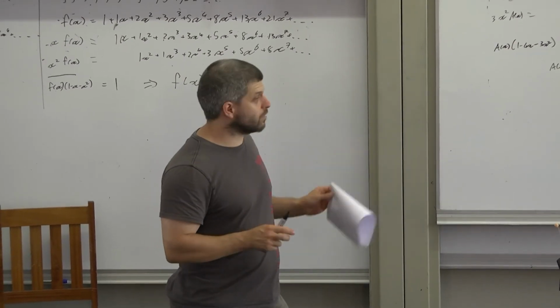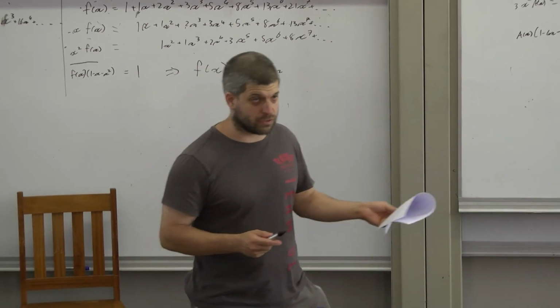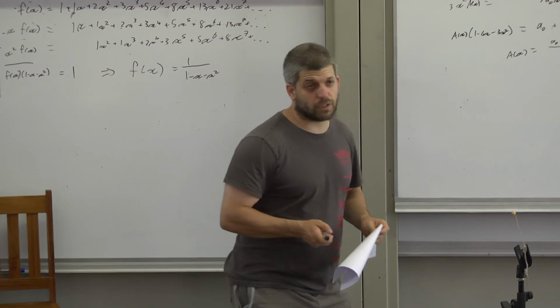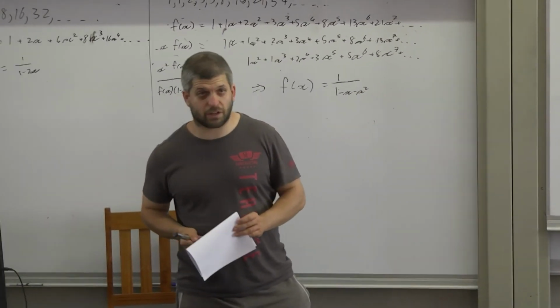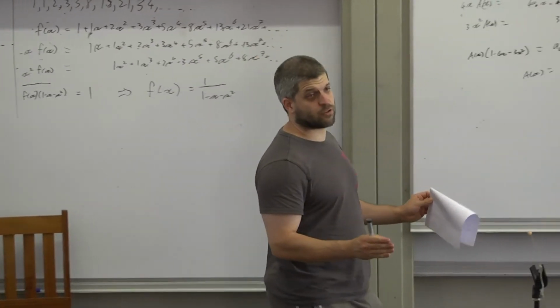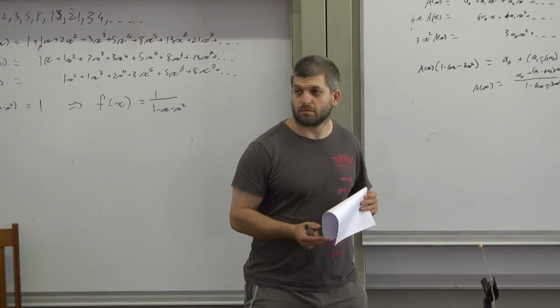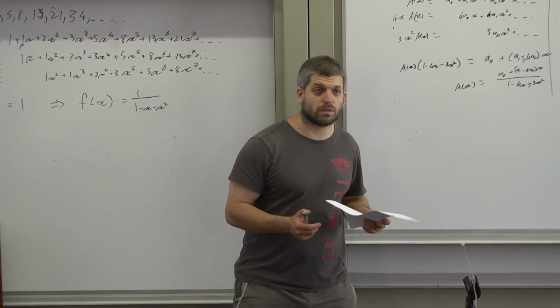Generating functions are used to find the nth term of a sequence which is given by a recurrence. So if you give me a recurrence, I can find the generating function, split it into a bunch of geometrics, and find the nth term. That's quite a powerful general tool.